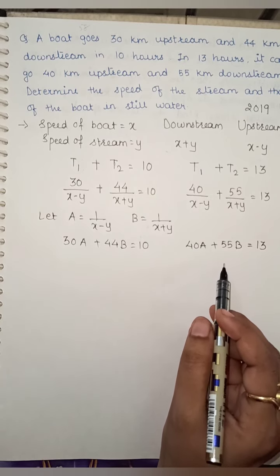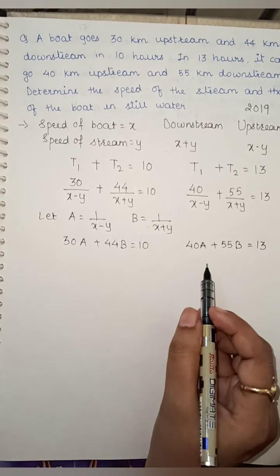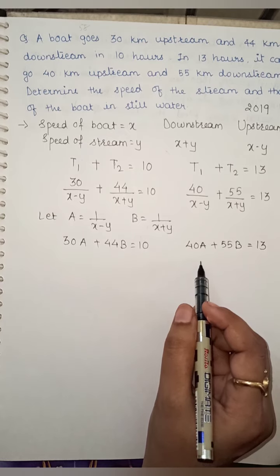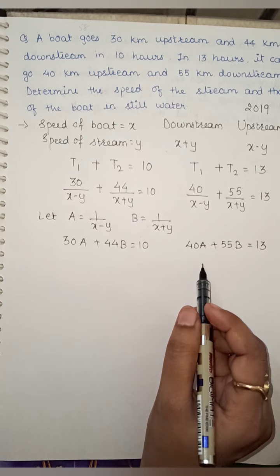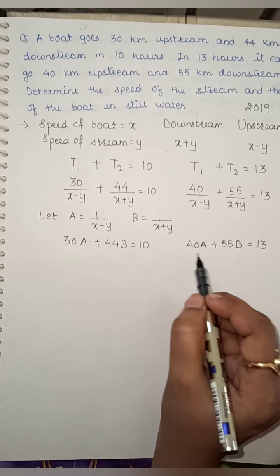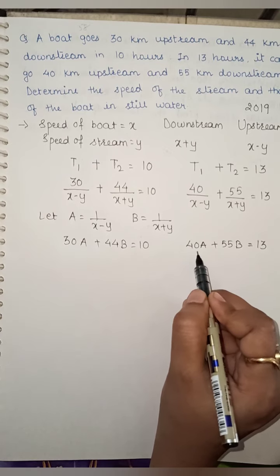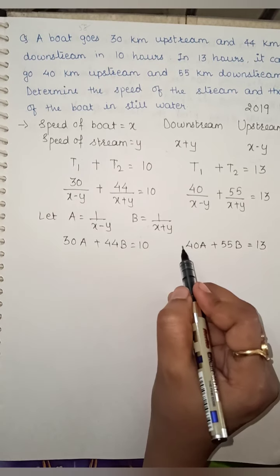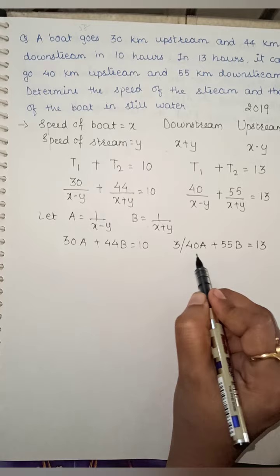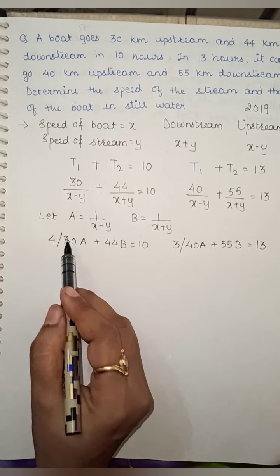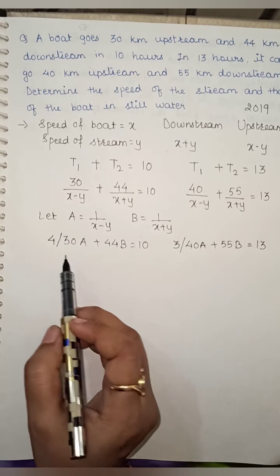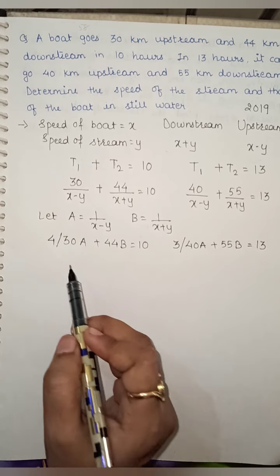Now two equations you have got. Now you have to just simplify them. We can simplify it by any one of the methods. Let us simplify it by elimination method. Let us eliminate one of the variables. Now let us eliminate a. So here it is 40, here it is 30. So if I multiply this whole equation by 3 and this whole equation by 4, my coefficient of a will become similar, and then I will write both equations one below the other.